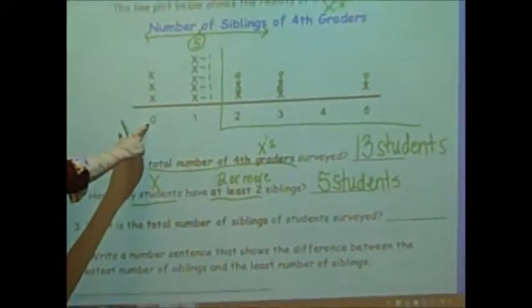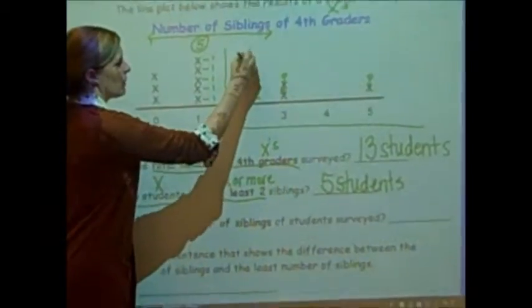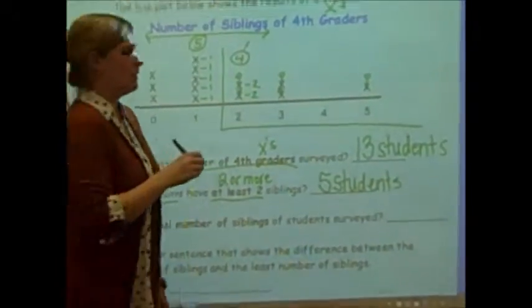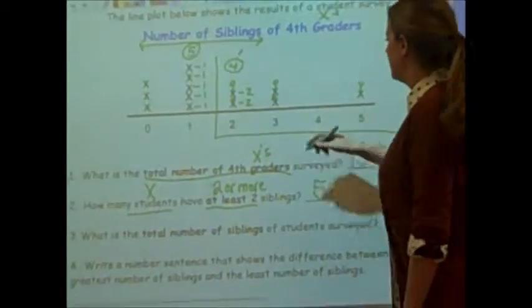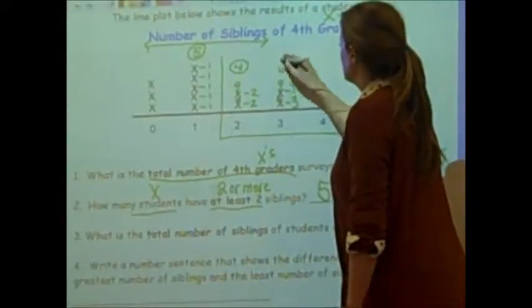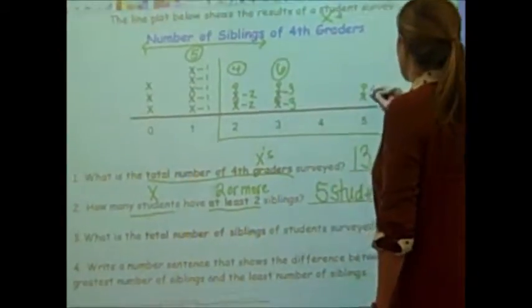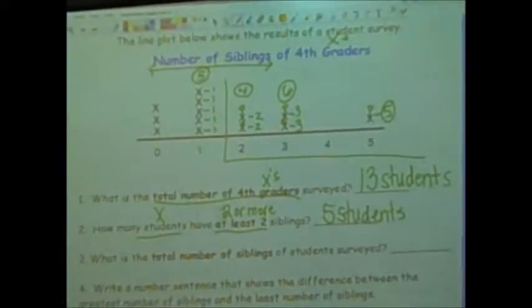There's obviously no siblings here. Here, this child has 2, this child has 2, that's a total of 4 siblings. This is where multiplication facts are going to come in handy yet again. This child has 3 siblings, this child has 3 siblings. It's a total of 6 siblings, and then this child has 5. And you would simply add them together to get the total number of siblings.